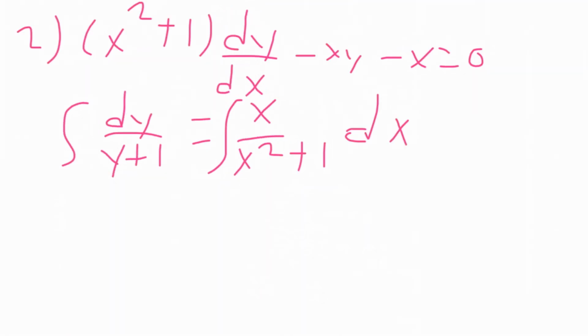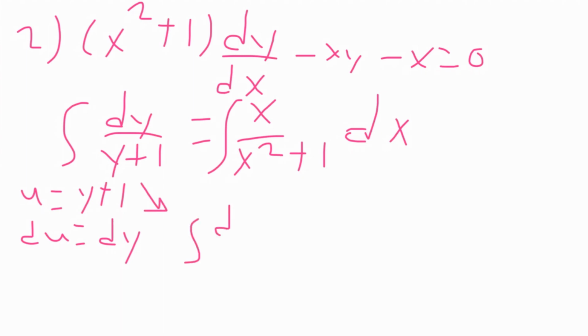Alright, so now we integrate both sides to solve the differential equation. Here would be a quick u sub if you want to write it out. So du is equal to dy, so here the u sub would be du over u. And then over here is another u sub, so we can call it v.